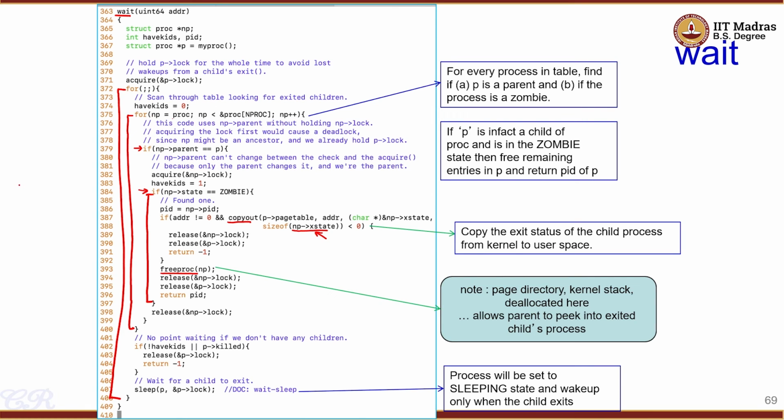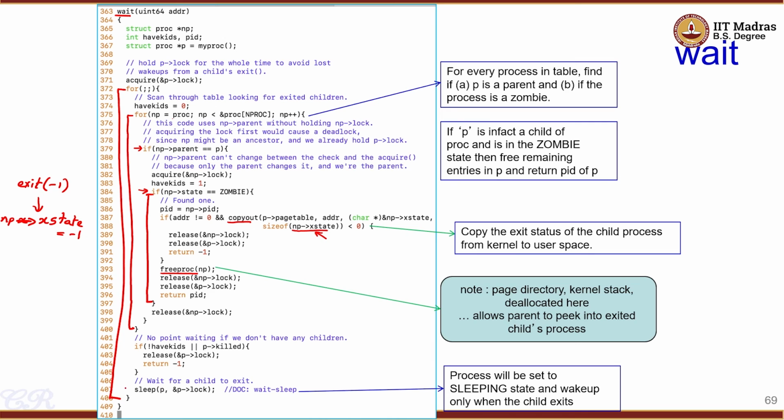So, for instance, if my child has exited with -1, then xstate in NP would be equal to -1, and this exit status is what is returned back from the wait system call.